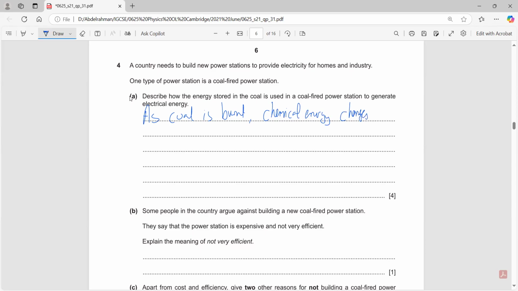It changes to thermal energy. And this thermal energy, this heat, how can we use it? It's used to heat up water.